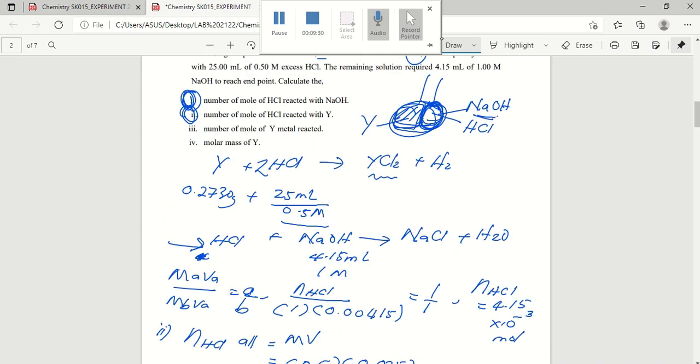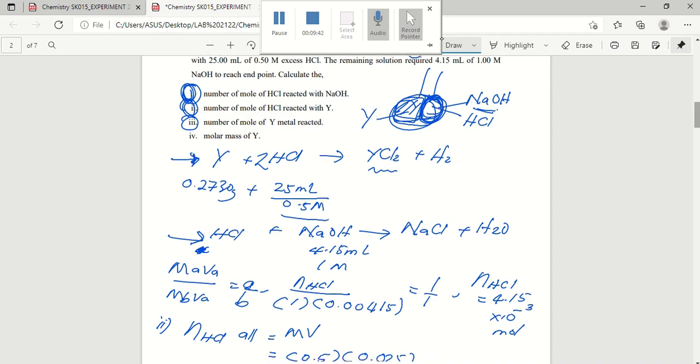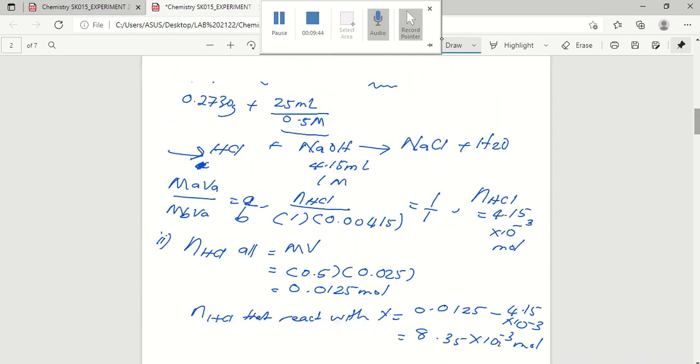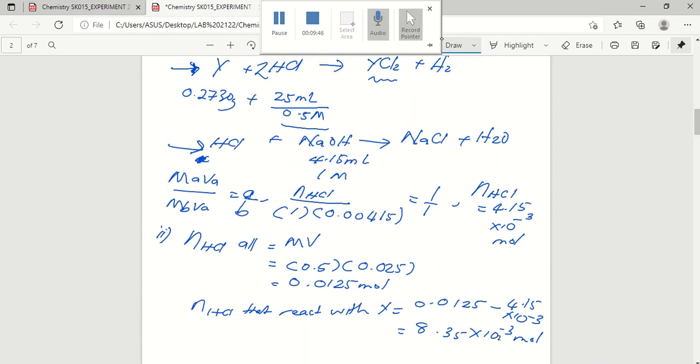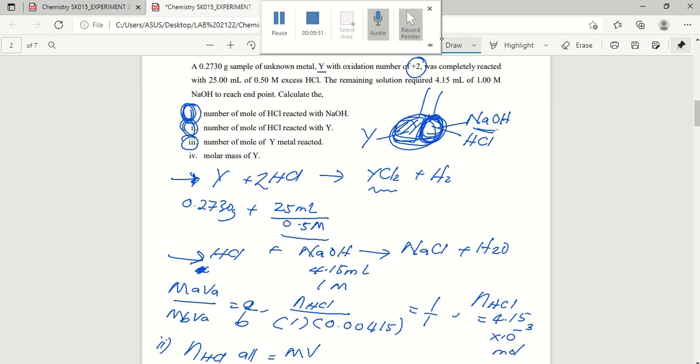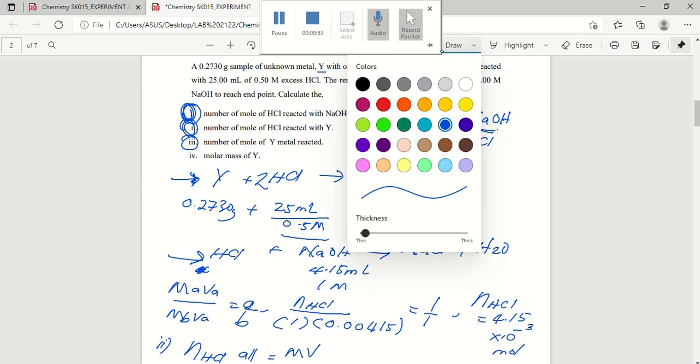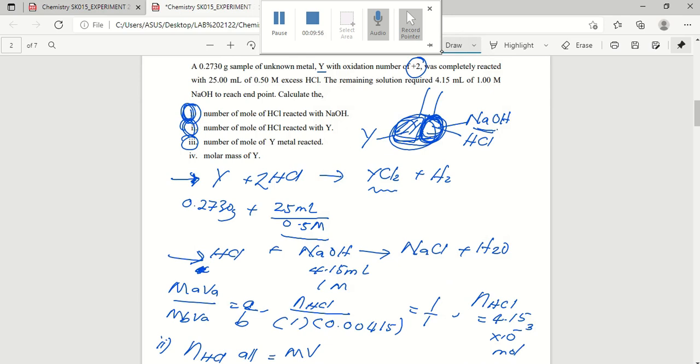Then let's calculate the number of mole of Y metal reacted. So this is the second reaction, which is this one. We will have to refer to this equation. Mole HCl that reacts with Y is, okay, I'll change it to another color, this here is 8.35 times 10 to the power of minus 3.